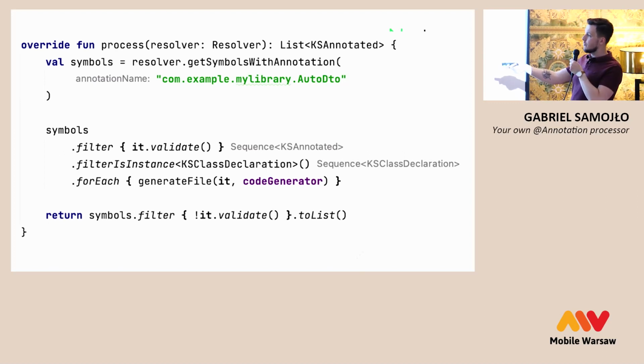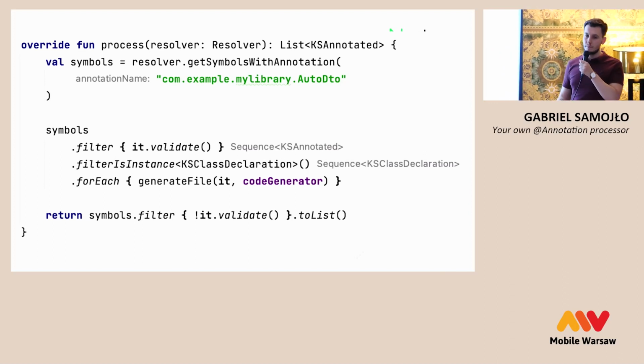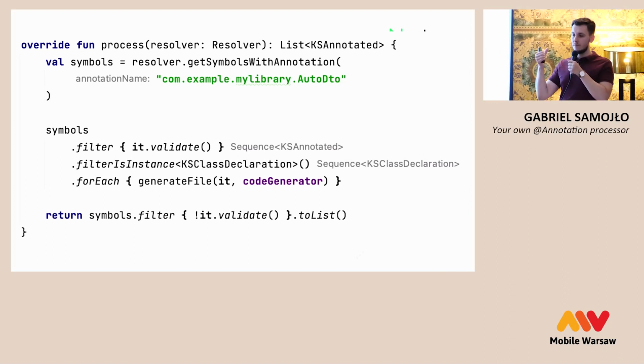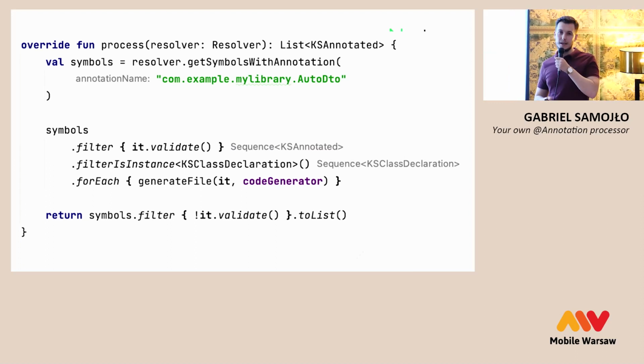You can use the API based on this resolver that can provide you many different things like parameters of the method, return type, modifiers, etc. But you are not really able to check, I cannot even imagine what you want to achieve with that, but to check how many letters are in the 51st line of such a file, for example.